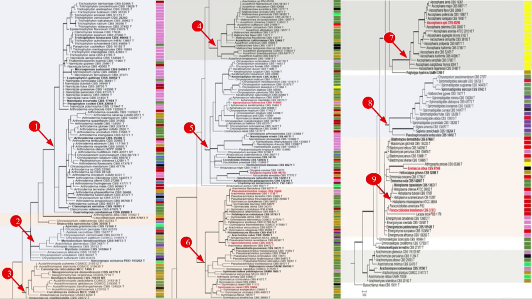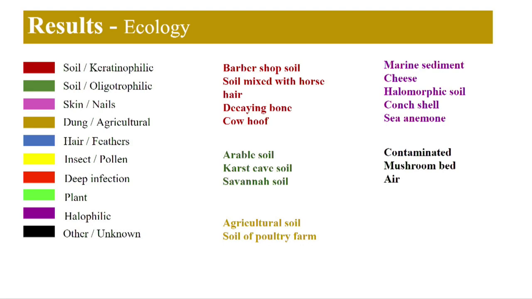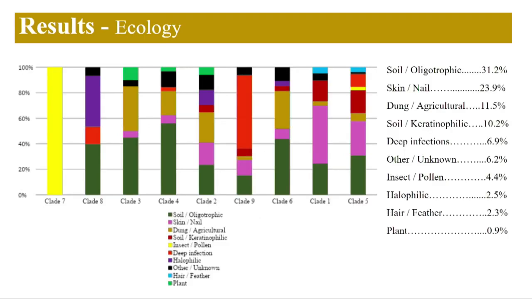And we combined it with the ecology data. These colors represent soil keratinophilic, soil oligotrophic, skin, nails, dung, agricultural, hair, feathers, insect pollen, deep infection, plant-based, halophilic, or other unknown. So we decided on these categories.